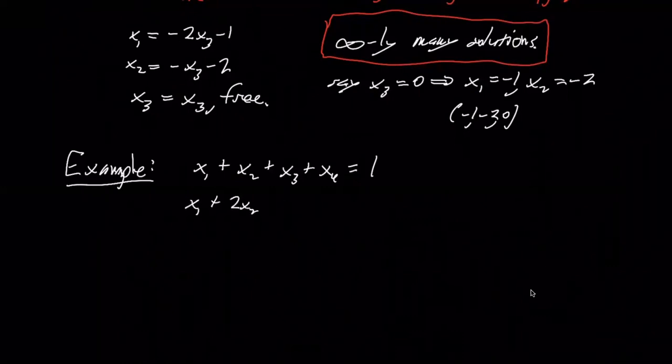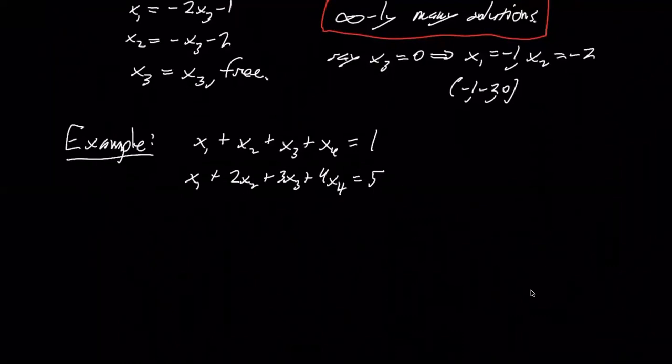x1 plus 2x2 plus 3x3 plus 4x4 equals 5. And I'm going to make the third equation by adding the first 2 equations together. But actually, instead of adding the 5 and the 1 and getting 6, I'm going to change this to be a different number.